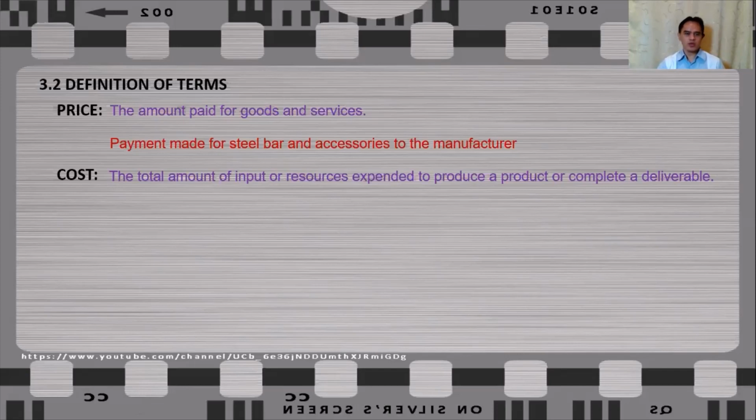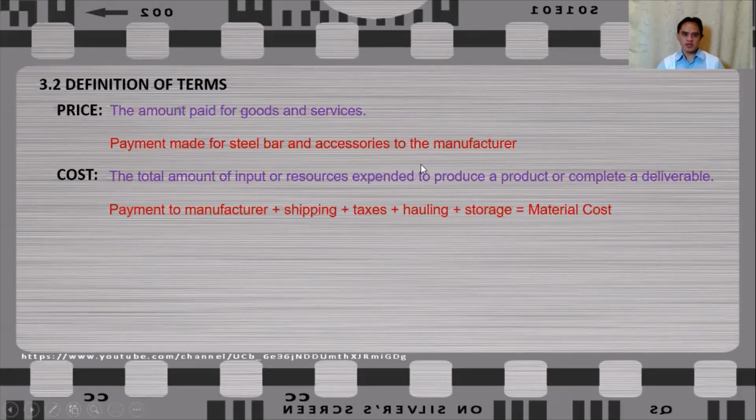So the cost will be composed of the payment you have made to the manufacturer or the price. And on top of that, you may be paying for the shipping, the taxes, maybe hauling charges, and storage, and so on. So all these costs will add up to your material cost.